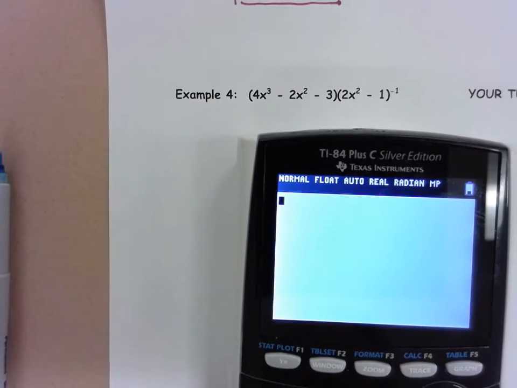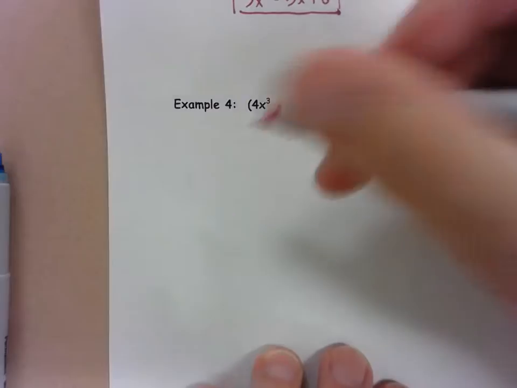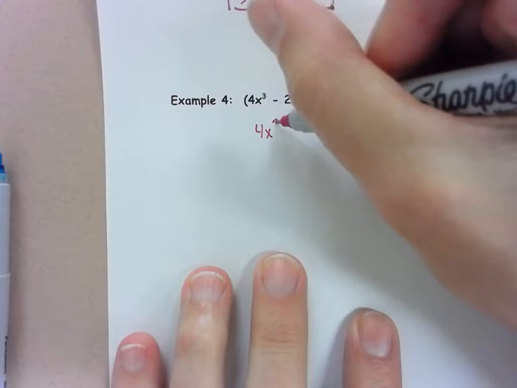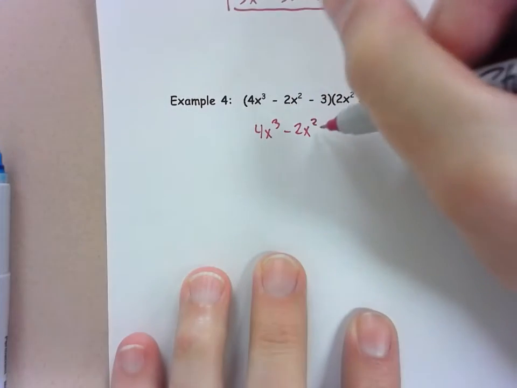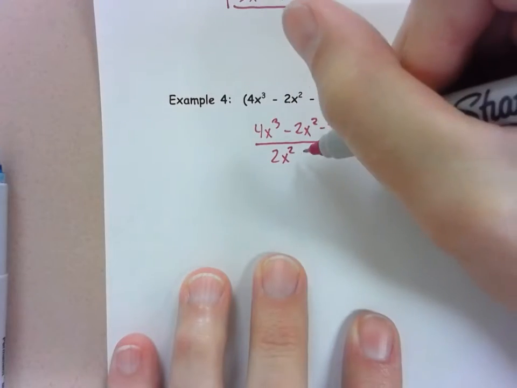You can verify that. If I did 3 to the negative 1, for example, that's really 1/3. So basically that is dividing, and another way to write that is 4x cubed minus 2x squared minus 3 over 2x squared minus 1.